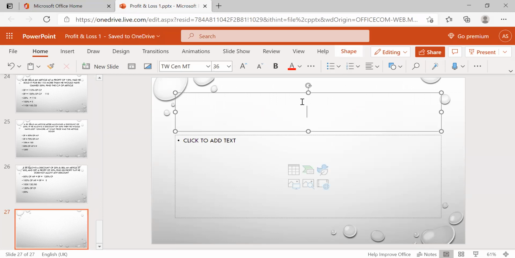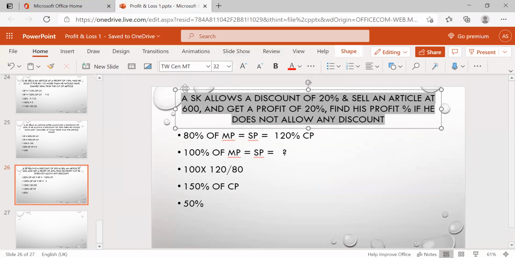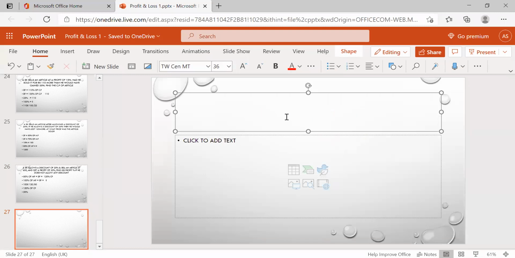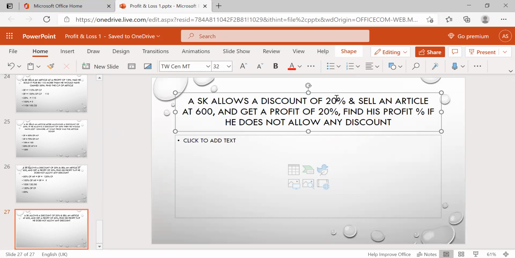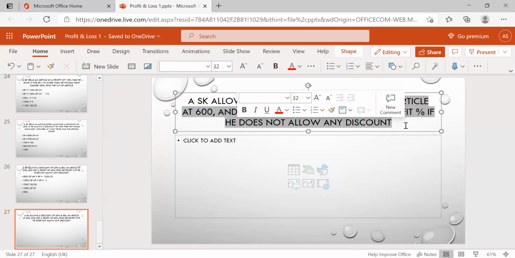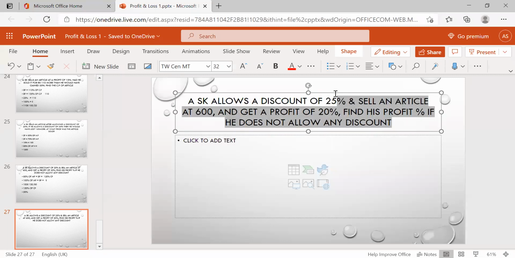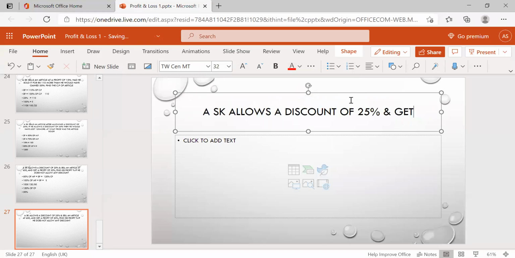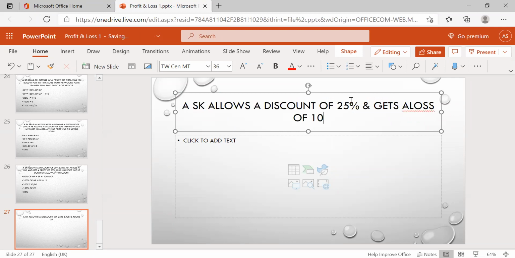Now, one question we'll see. A shopkeeper allows a discount of 25% and gets a loss of 10%.